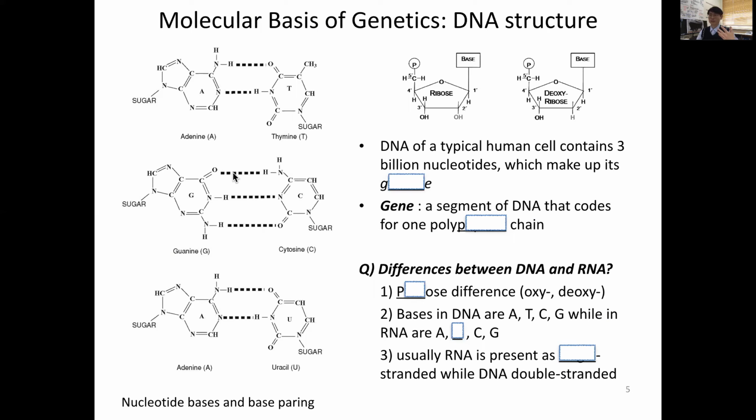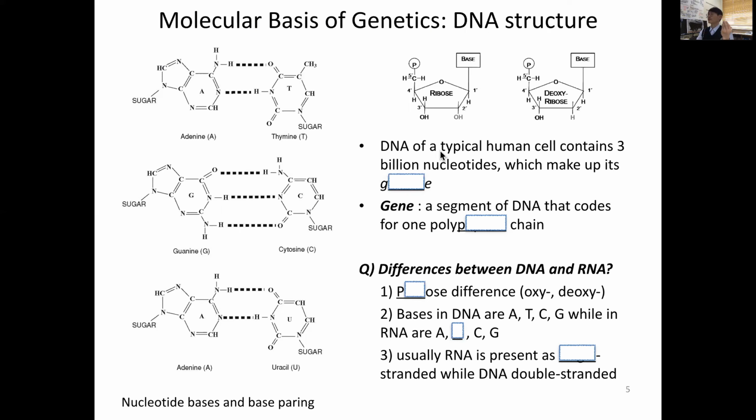That gives us specificity for AT or GC. In the RNA case, instead of thymine, it goes to uracil. And if you look between thymine and uracil, what is the difference? You can see here, this is CH, this is CH3. So those are the slight differences between RNA and DNA.